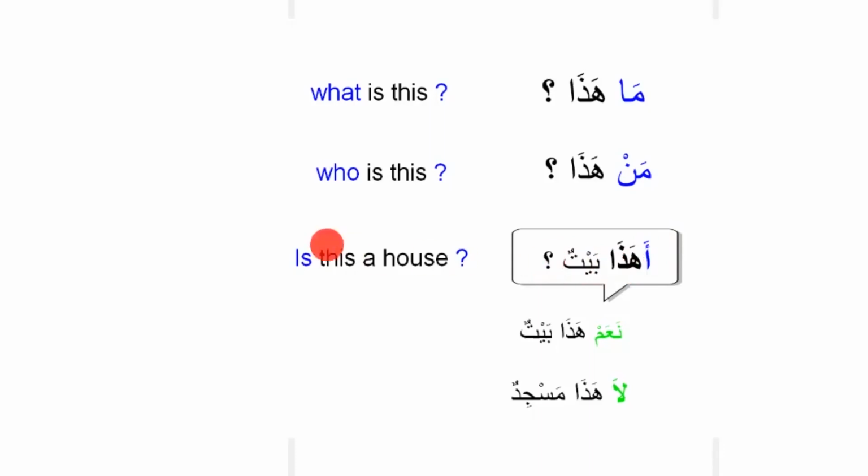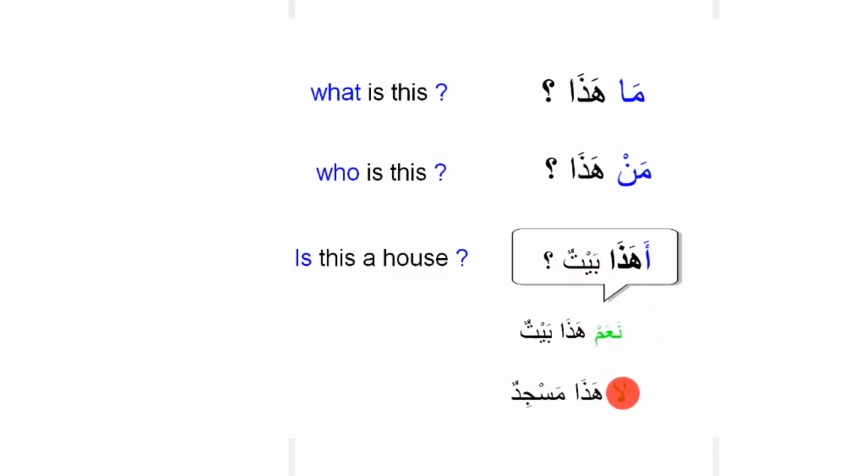Questions of this sort will always have two answers. Is this a house? You can say yes, it is a house, or no, it is not a house. So when you have the hamza used to ask a question, you could have two responses, yes or no. Yes is called na'am, used to respond in affirmation.